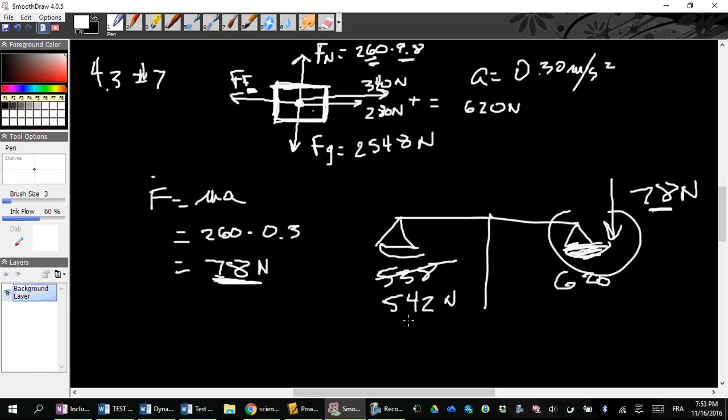Let us just check that. Looking for the coefficient. Okay, so I'm not quite done. So mu equals FF over Fn.